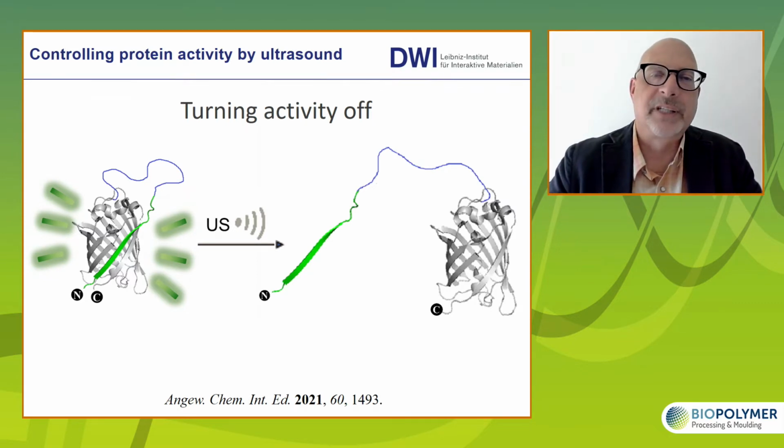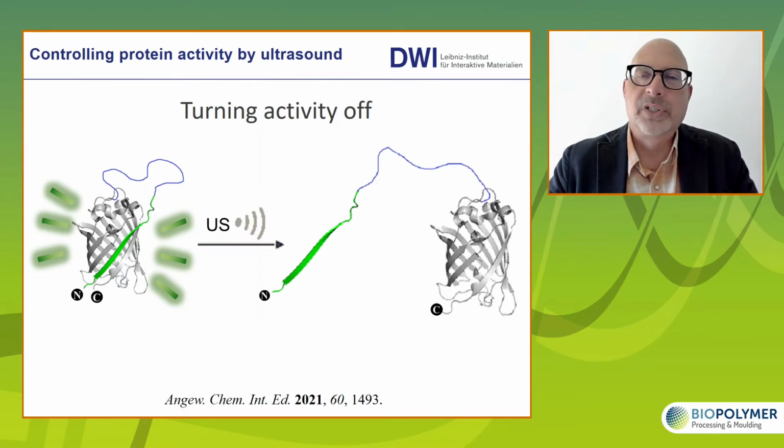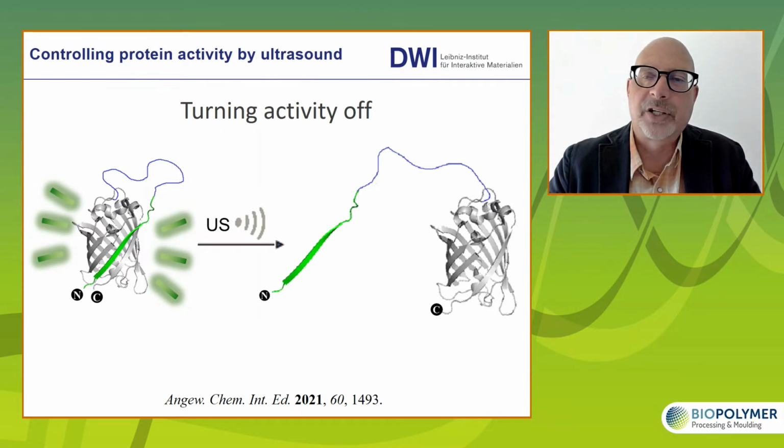And once these cavitation bubbles implode, they transfer shear forces on this unfolded polymer chain. And this pulls out 1 beta sheet out of the 10 beta sheets that remain in the structure, as can be seen on the right. And by this, you switch off the fluorescent properties of this protein.